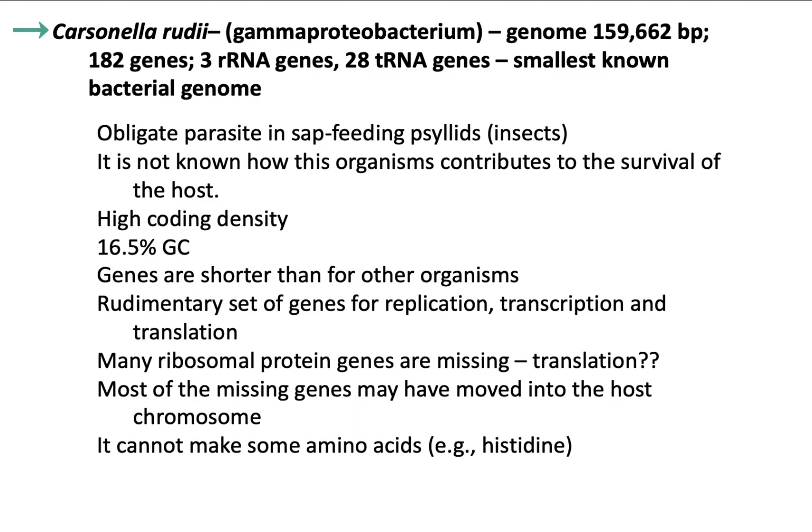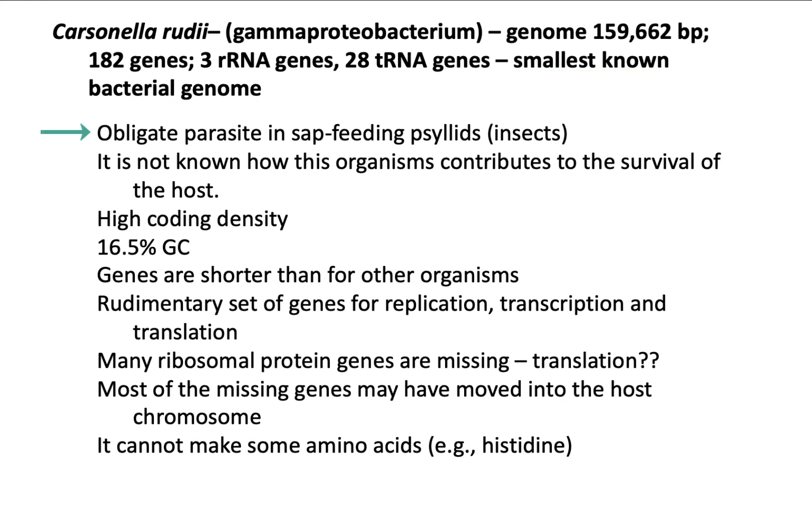Here is the information on Carcinella rudii. It is a gamma proteobacterium, with a genome size of about 160,000 nucleotides, which is about like a some of the bacteriophages. 182 genes with 3 ribosomal RNA genes and 28 tRNA genes. And again, it's the smallest known bacterial genome and sort of overlaps with organelles.